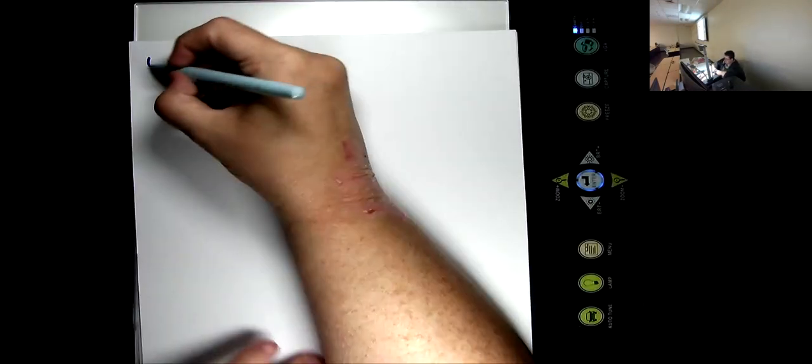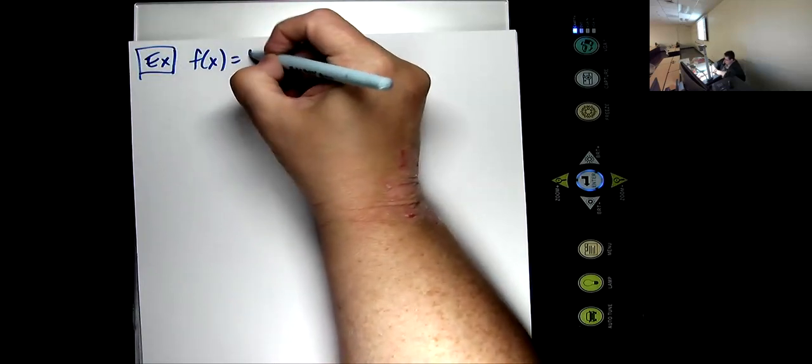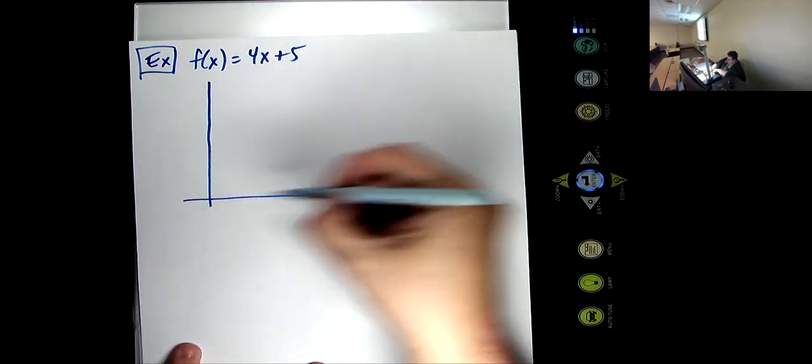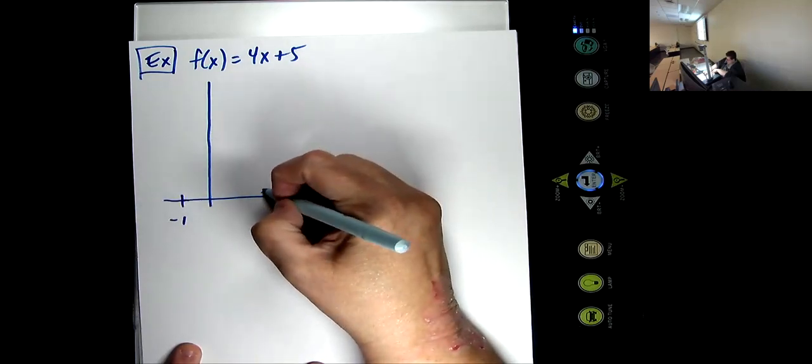Let's say f of x is 4x plus 5, and we're going from like -1 up until x.